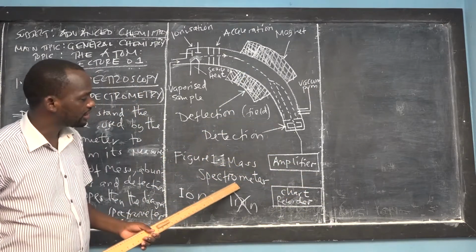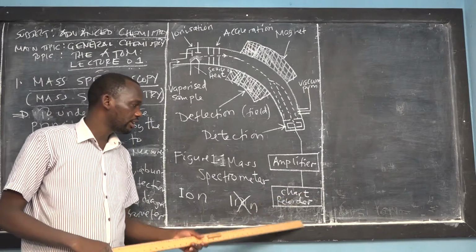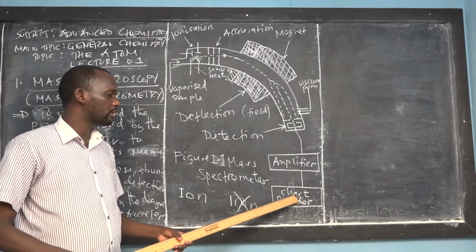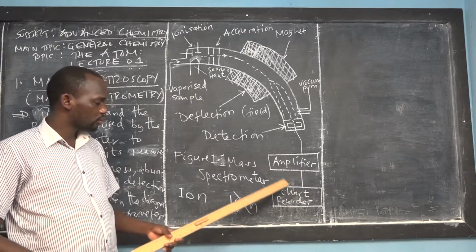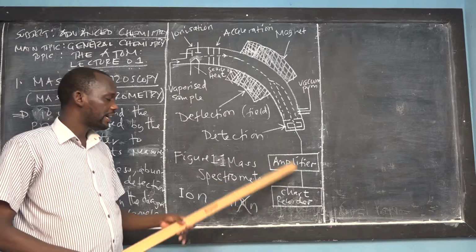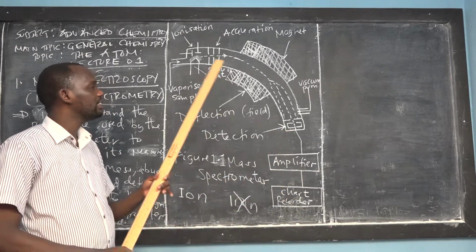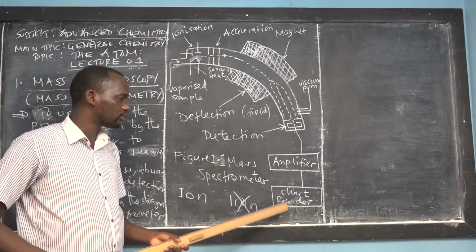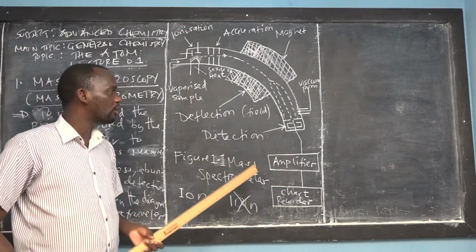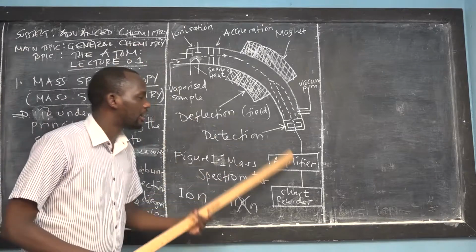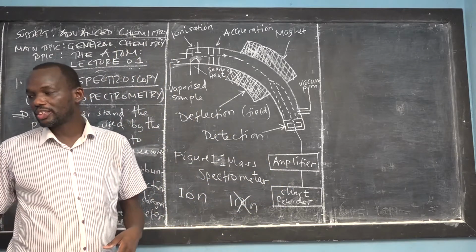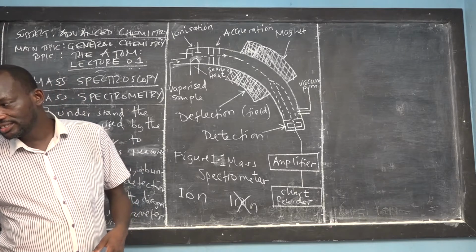Then we have the recorder, the recording section, the last part, where we record and display the lines of the isotopes, which we will learn in the near future. That's how the mass spectrometer operates, okay?